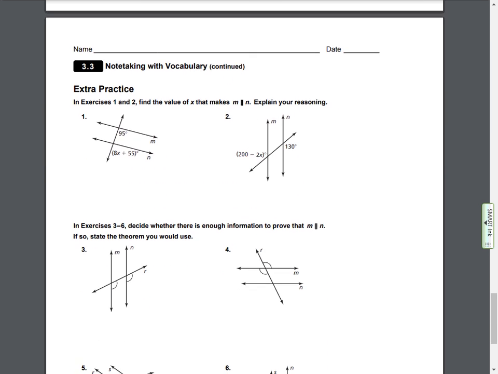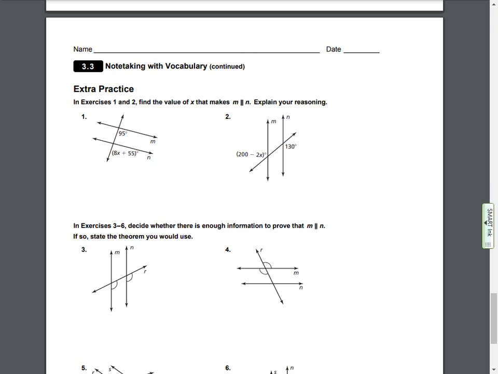Moving on here to some example problems. In exercises 1 and 2, find the value of x that makes m parallel to n. Explain your reasoning. Okay, well these are corresponding angles. Okay, they're in the same spot. They're both below their respective line, and they're on the right side of the transversal.